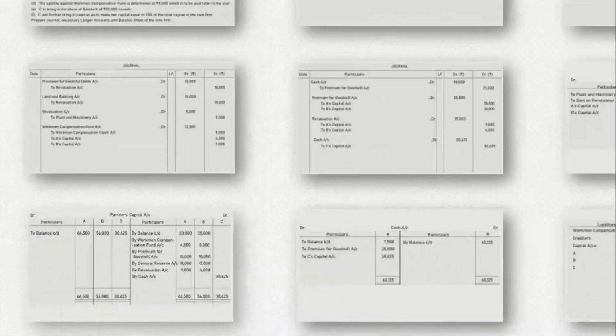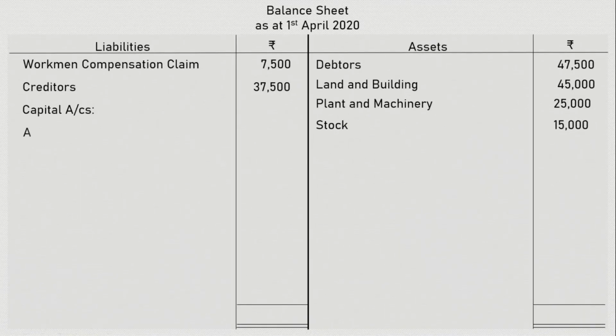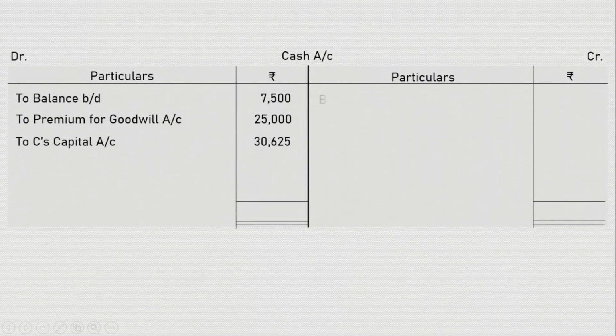And let's go to our balance sheet to record the capital of A, B, C and total 1,53,125. Now our last account left is the cash account. Let's balance this. 63,125. Let's add these. Now completed.